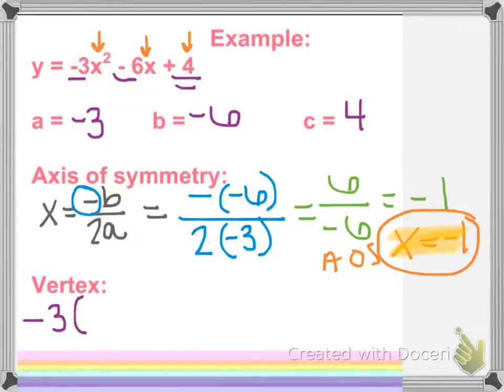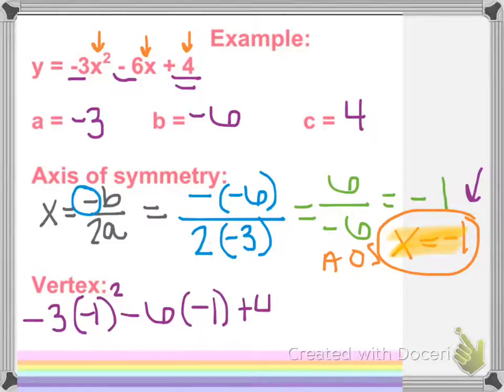I see an x, so I put a parenthesis, and I plug in -1 because that was what I got from my answer up above. Squared, because that's part of the equation, -6 parentheses -1 plus 4. This is exactly what you did before, except now you found what to plug in for x instead of me just giving it to you.